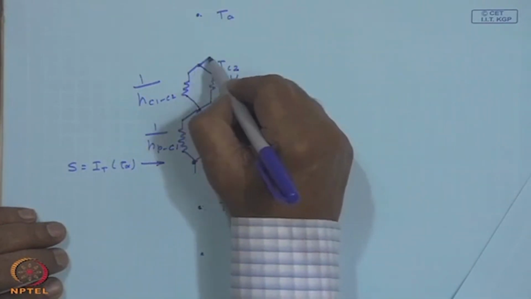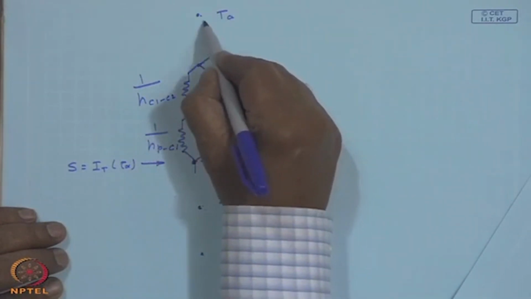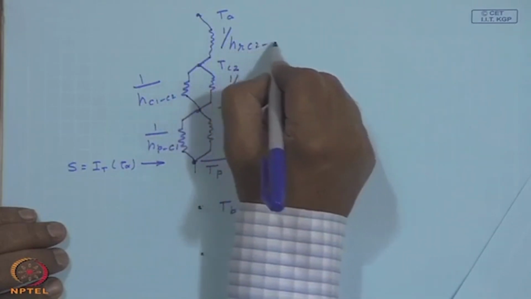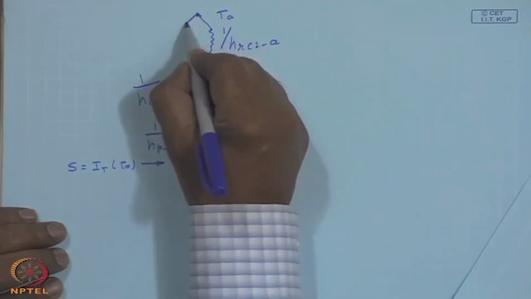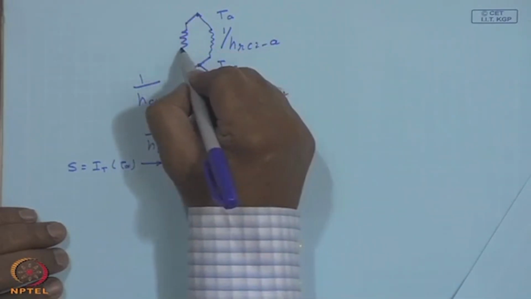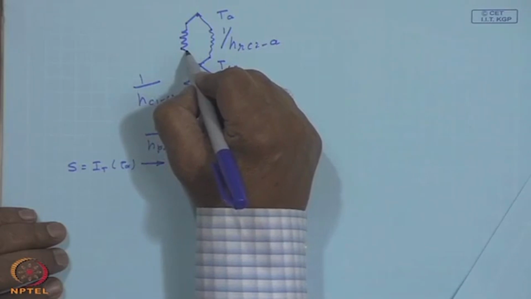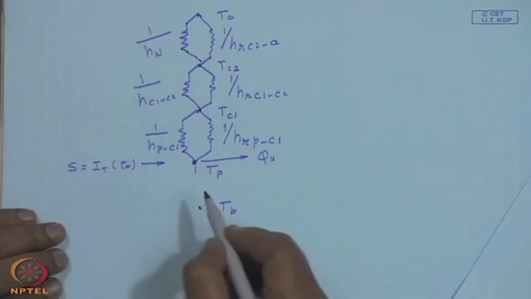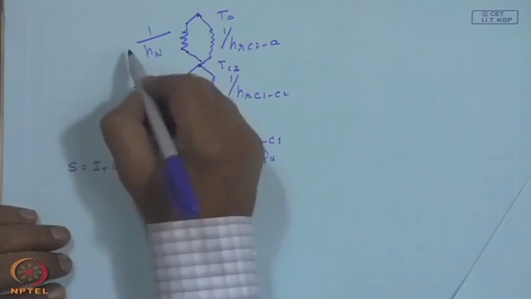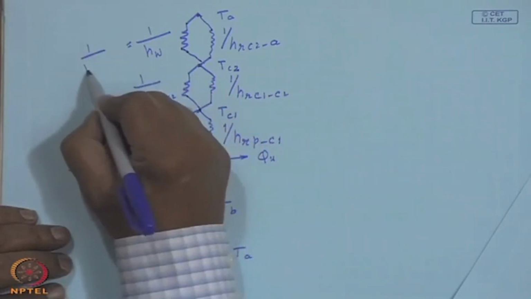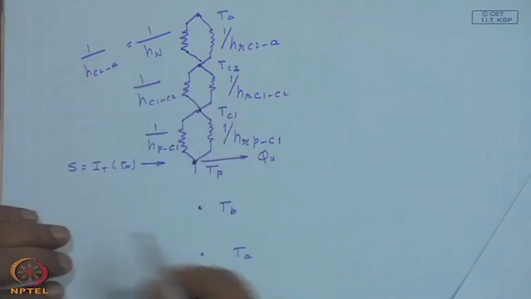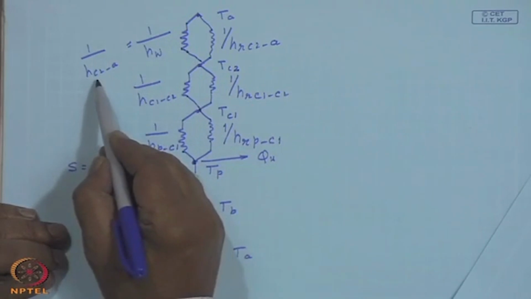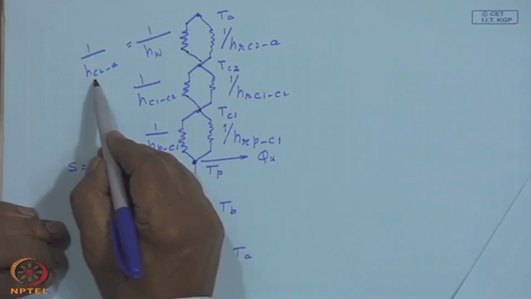From here, we have again a radiative loss H r C 2 to the ambient, then a convective loss by wind, which is 1 upon H w, or you can call it 1 upon H C 2 to ambient. So, this is a wind heat transfer coefficient, or in general terminology from cover 2 to the ambient.